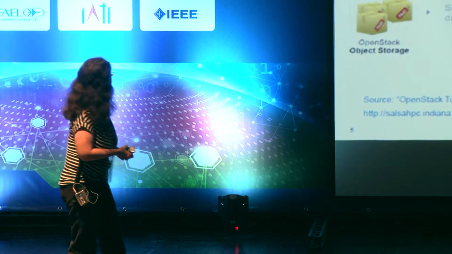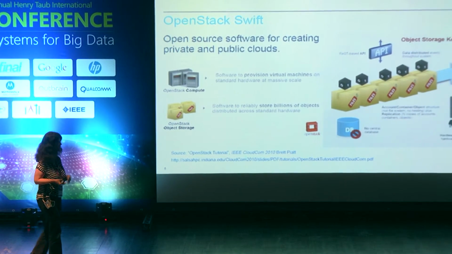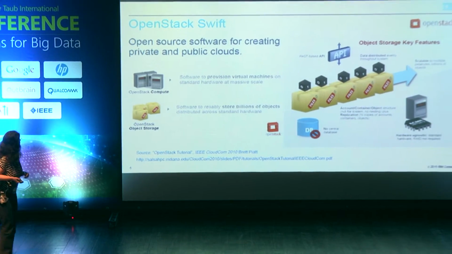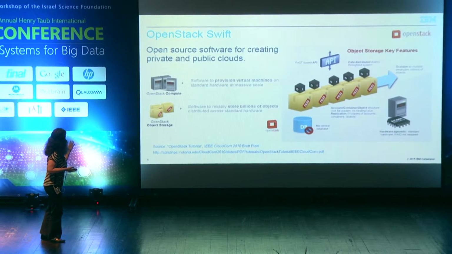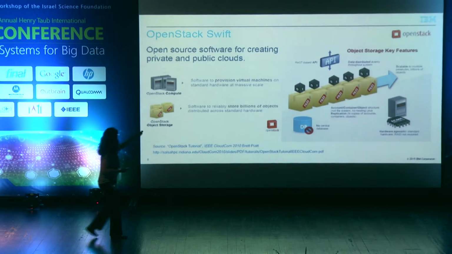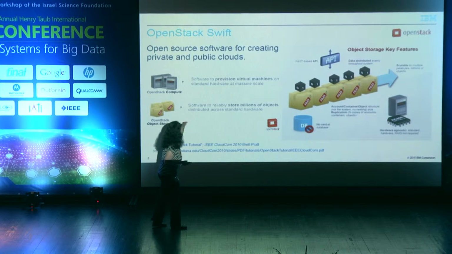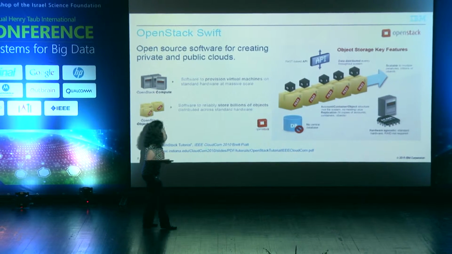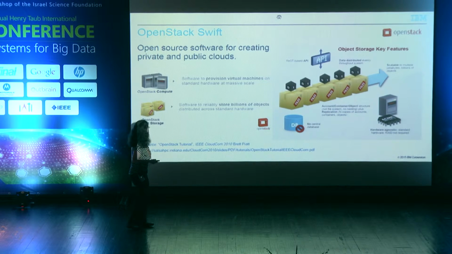An example of object storage is OpenStack Swift. So what is OpenStack? OpenStack is an open source software for creating private and public cloud, and its object storage is called OpenStack Swift. So you can see here this demonstration. You have this REST API. The data is distributed throughout the system, and it's very scalable.